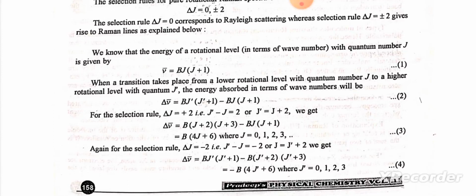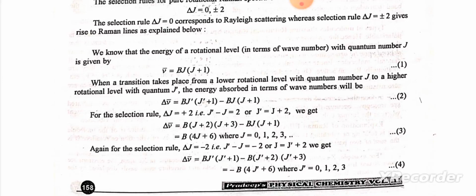For the selection rule del J is equal to plus 2, that is J dash minus J is equal to 2, or J dash is equal to J plus 2, we get change in wave number is equal to B (4J plus 6).